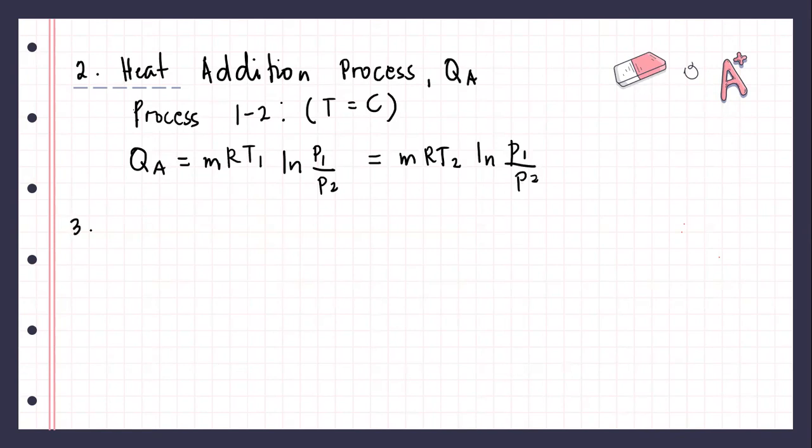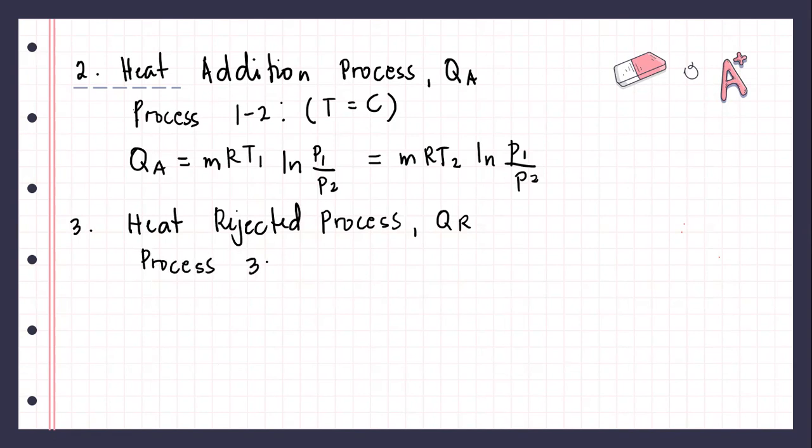For number 3, heat rejected process, which is QR. Process 3 to 4. Temperature is constant.